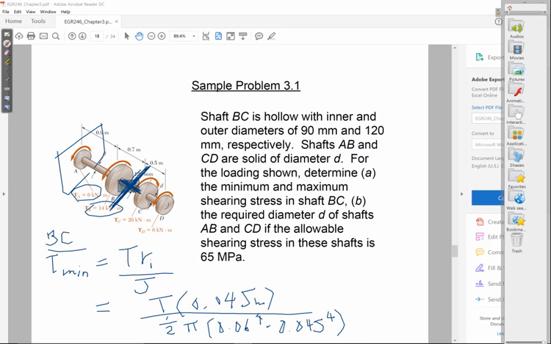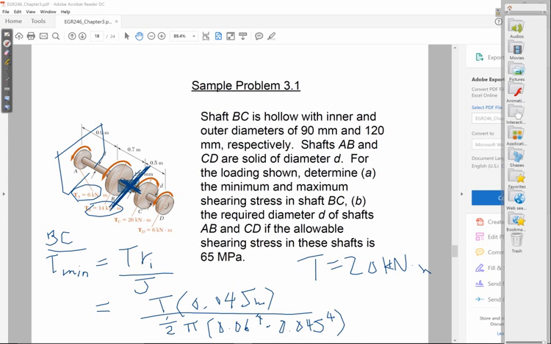So what do you need at that cut to maintain equilibrium? You need 20 kilonewton meters. So T is 20 kilonewton meters, just opposite in direction to that 6 and 14 kilonewton meters. Just plug in 20, and that's how you find the stresses in BC. So that's part A.